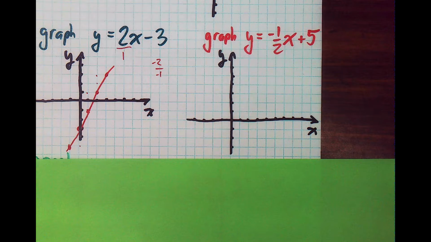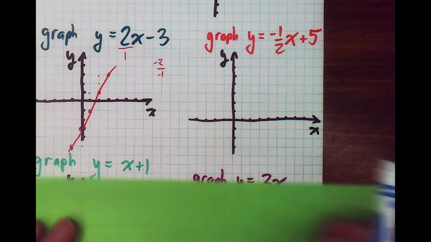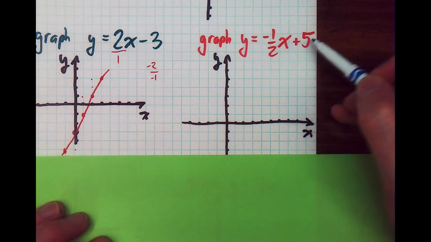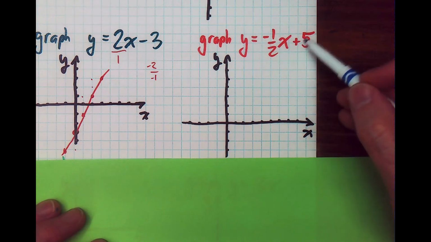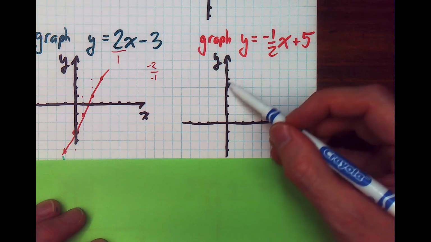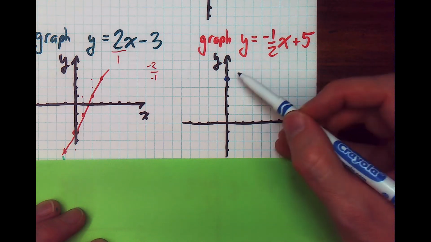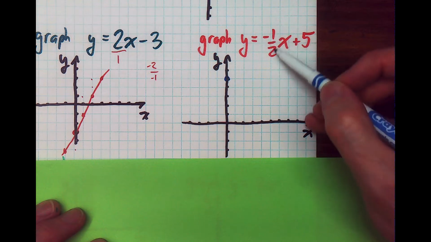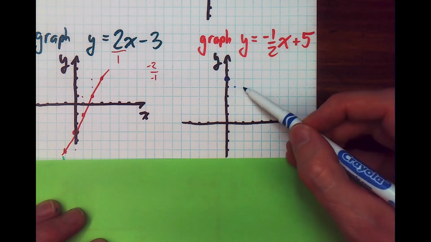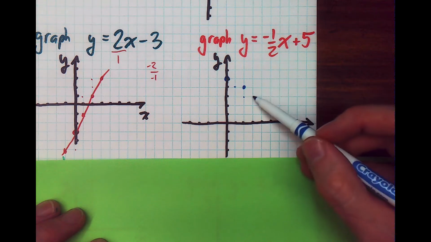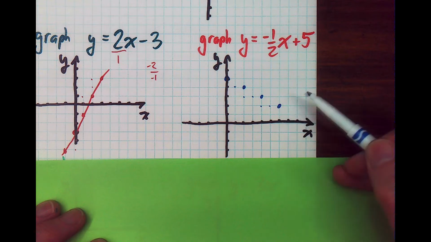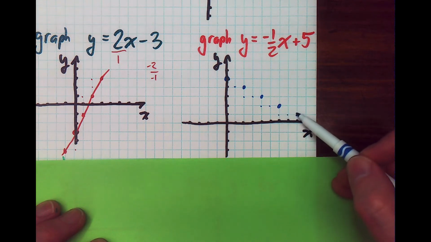Let's do this next one. Graph y equals -1/2 x plus 5. Again, we start at our y-intercept of plus 5. 1, 2, 3, 4, 5. We plot our y-intercept. Now our slope is -1/2. So I rise -1 and then I run 2 spaces to the right. Rise -1, run 2 spaces to the right, and you could do it as many times as you want.